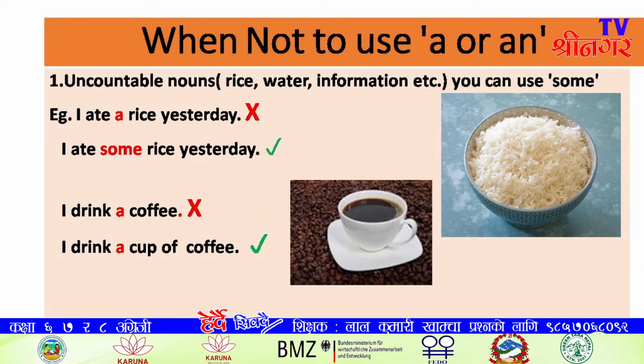And in the next example, "I drink a coffee." This is a wrong sentence. Why? Can you guess? Yes, coffee is an uncountable noun. We cannot count coffee. So this one is wrong.